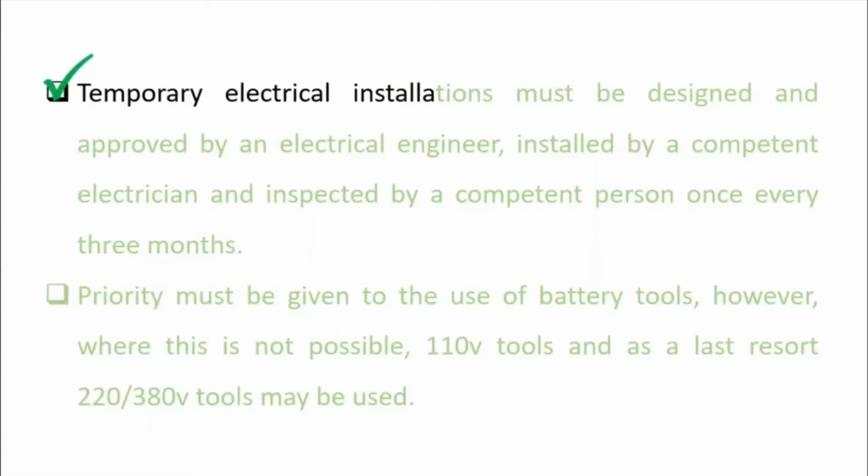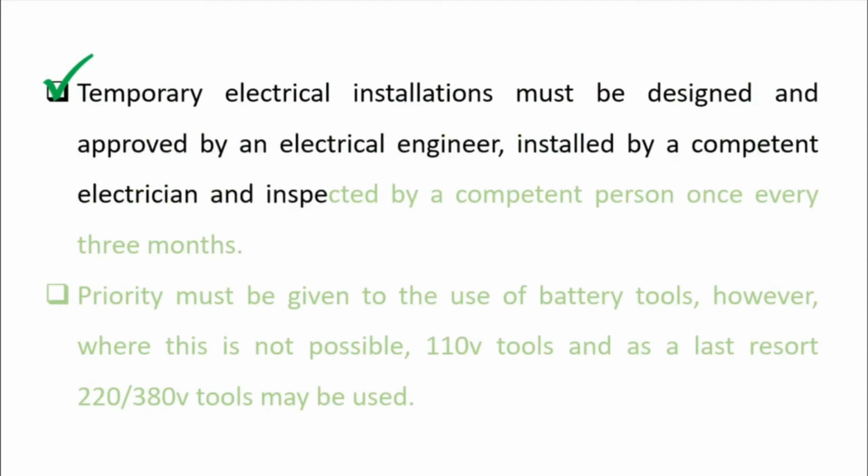Temporary electrical installation must be designed and approved by an electrical engineer, installed by a competent electrician, and inspected by a competent person once every 3 months. When we are talking about competent, that person has skills, has knowledge, has a good attitude that he is doing the job properly.